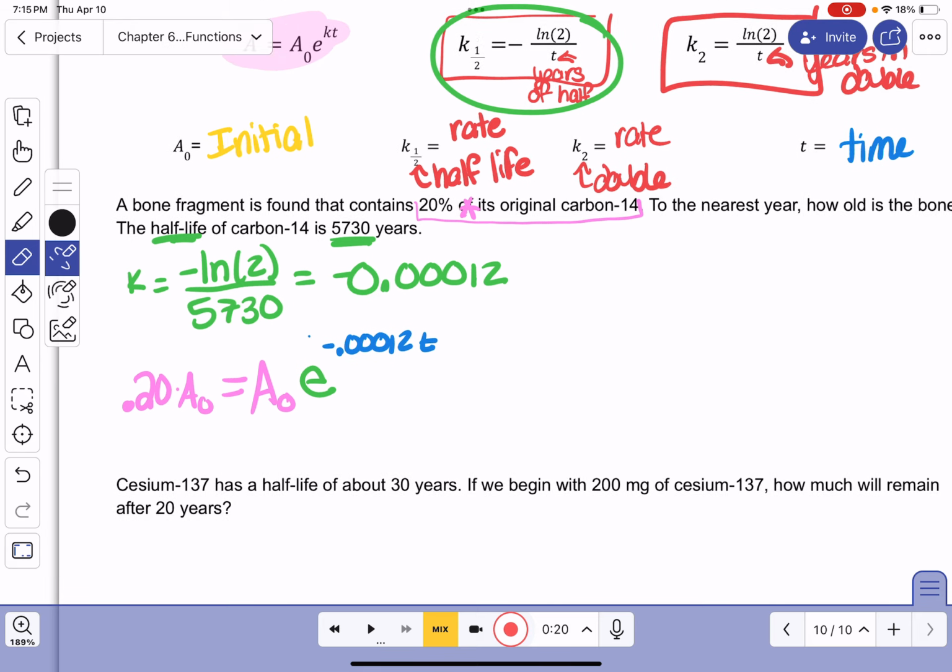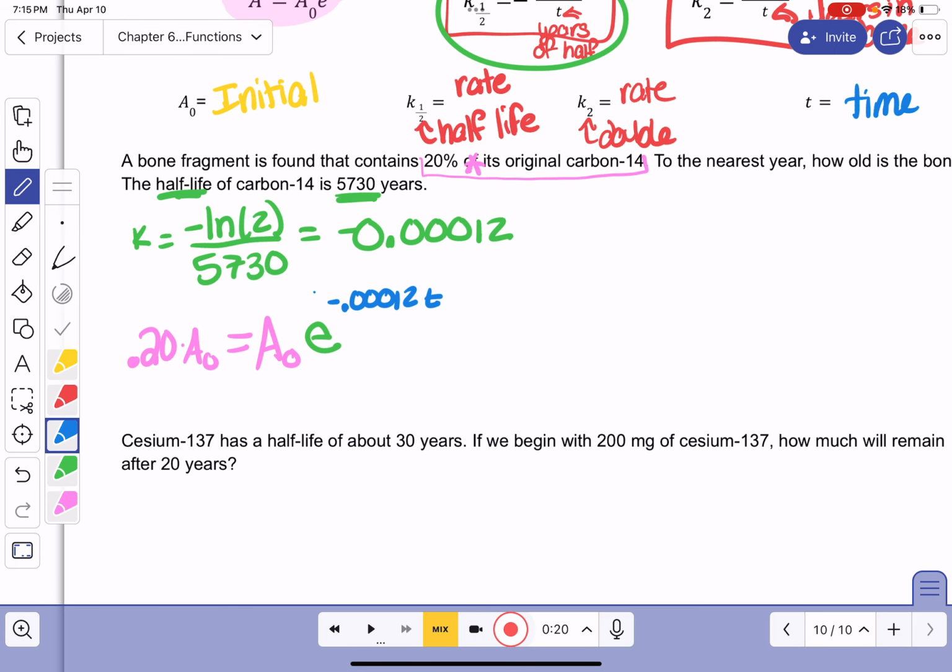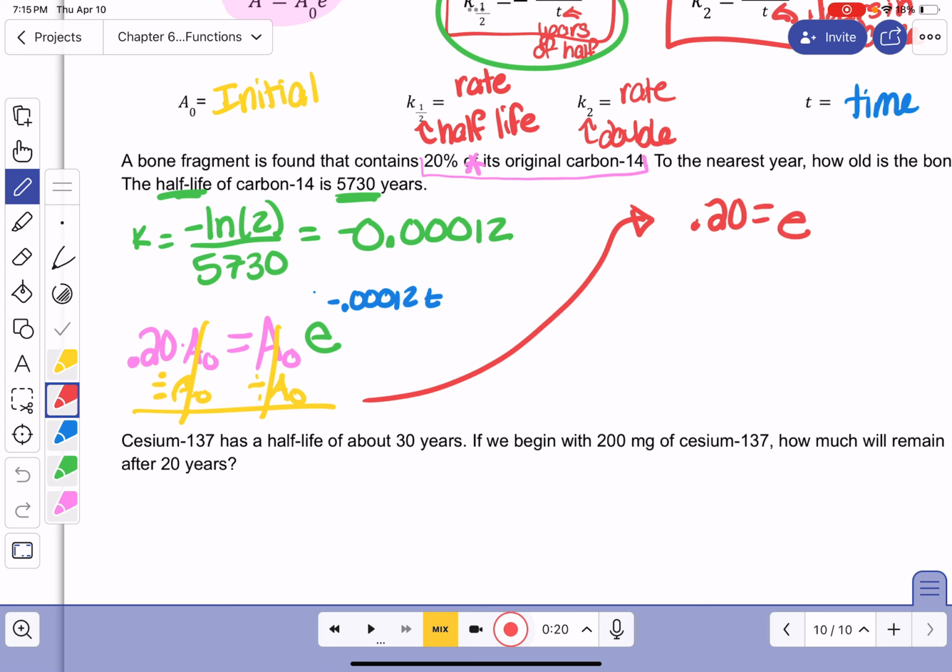Now we're going to work backwards to find that T. First thing we're going to do, divide by that A sub 0 to get rid of it since we don't know it. So what we're left with is 0.20 equals E to the negative 0.00012t.